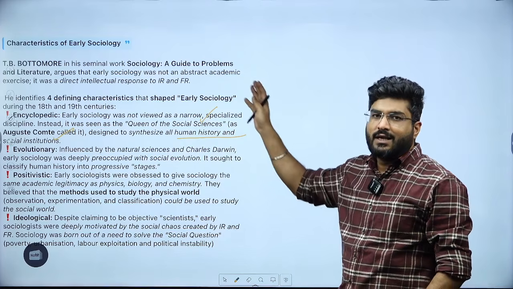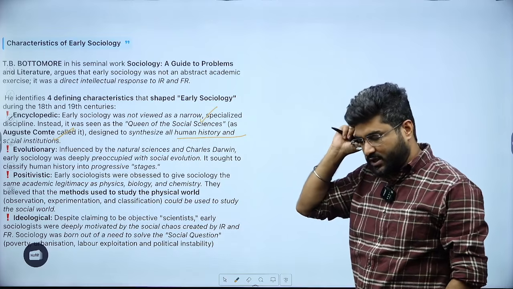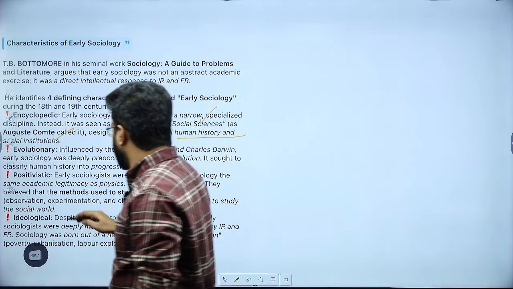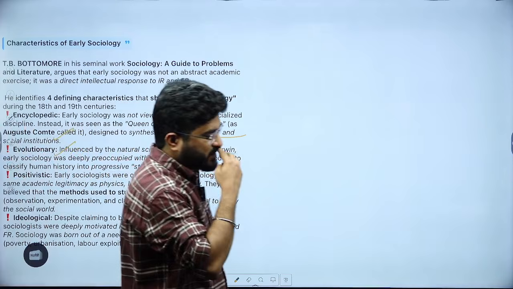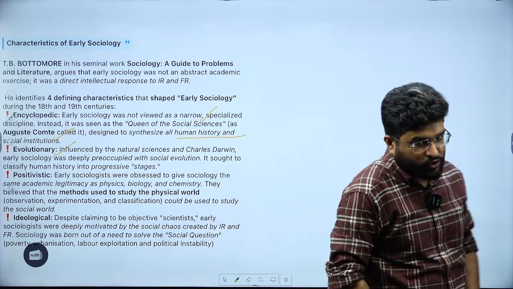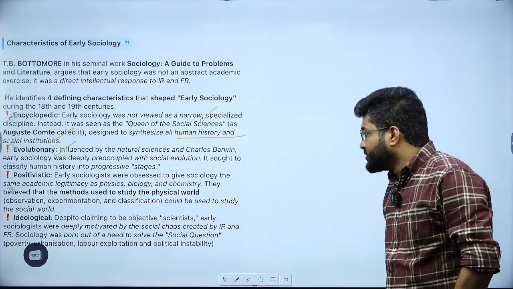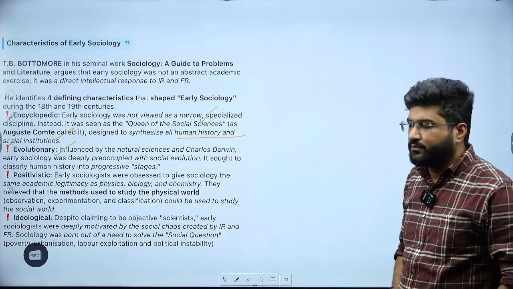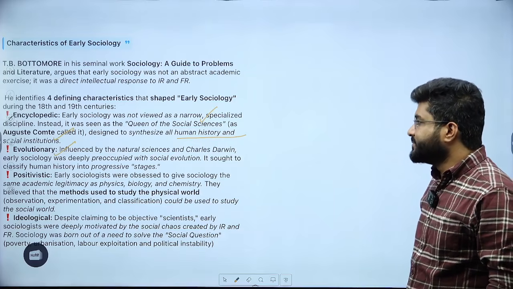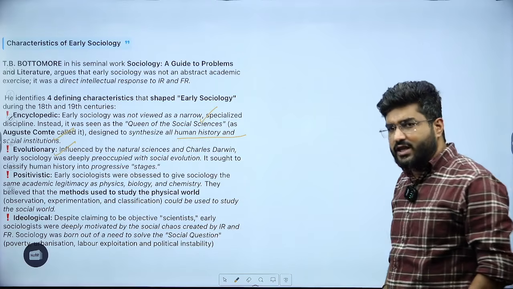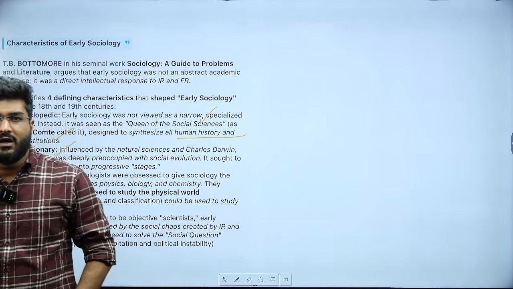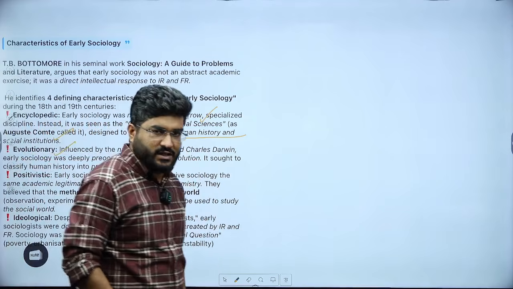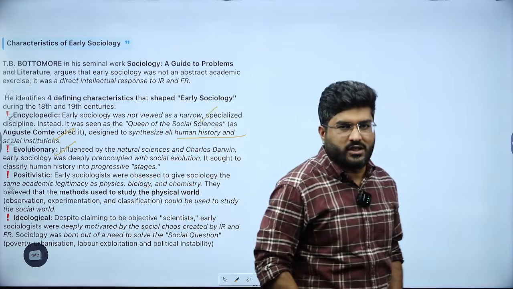Okay, then the other characteristic of early sociologists, which is highlighted by T.B. Mortimer, is evolutionary. Like how Herbert Spencer's theory of social evolution was based on Charles Darwin's theory. Similarly, he says that the history we have been seeing in society is based on the evolution of human history through different stages, like Auguste Comte's 3-stage evolution.